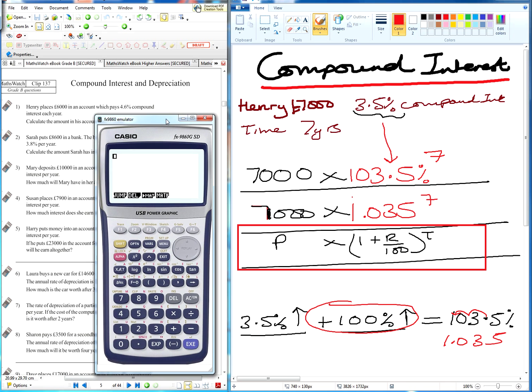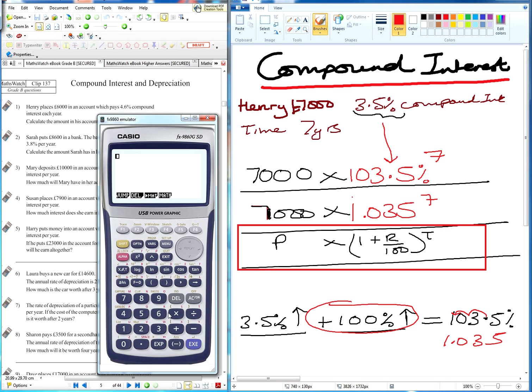So we're going to do this calculation here. Everybody please quickly do it on the calculator as well. We need 7,000 times by 1.035 to the power of 7. We get an answer of 8905.